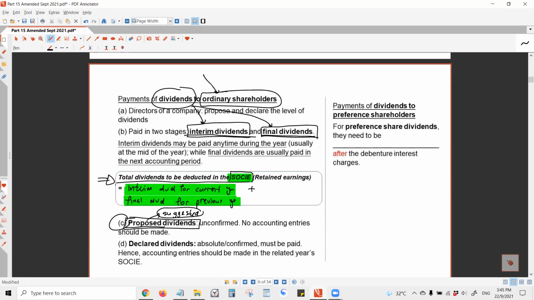Proposed means suggested, which means it is unconfirmed. So if you see any figure of proposed dividends, don't fall into this trap. Don't take that figure, because you should do nothing with it. No accounting entries should be made. So when you see proposed dividends, ignore.